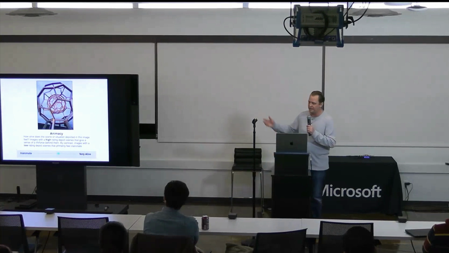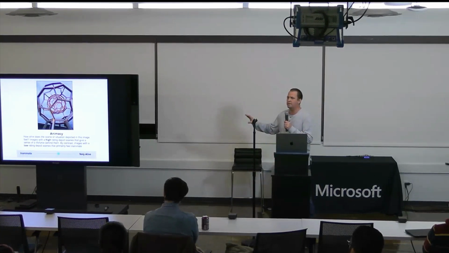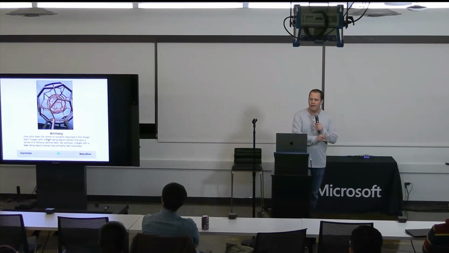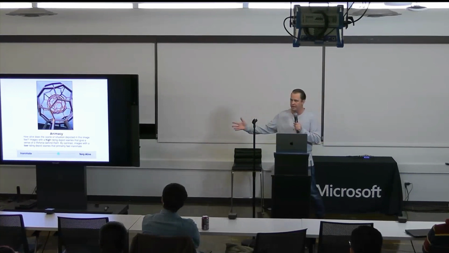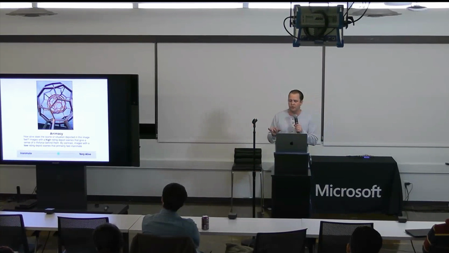Animacy is one of the items, and you'll have a paragraph description of what the question is really asking, to make sure they understand what they're being asked. The participant will move the slider to either inanimate or very alive. We'll have anchor points for every question, and the slider values are translated to a 0 to 100 scale.